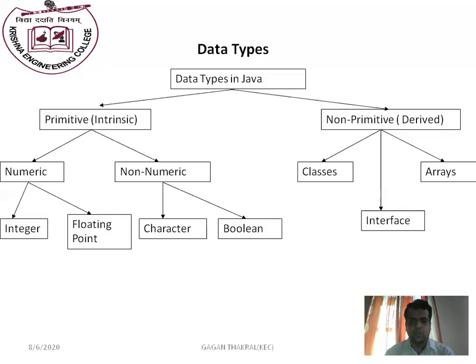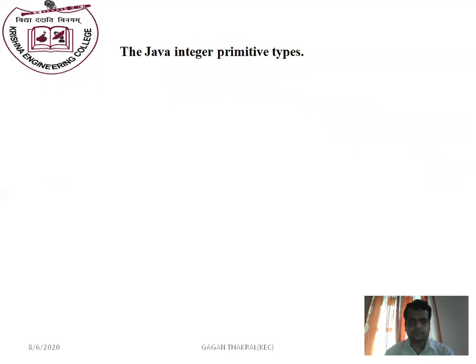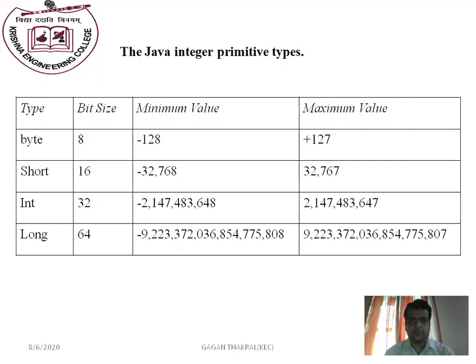It is also a user-defined data type, it is also a non-primitive data type, and it is also derived from the primitive data types.